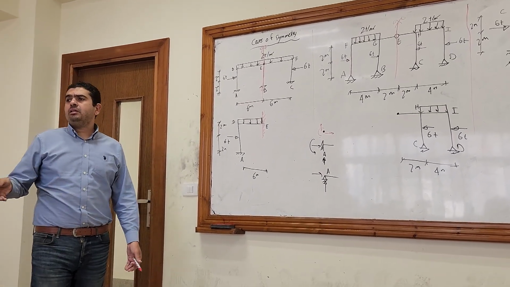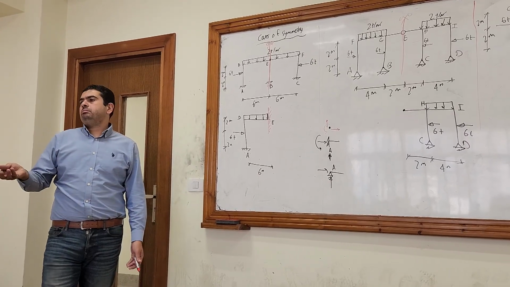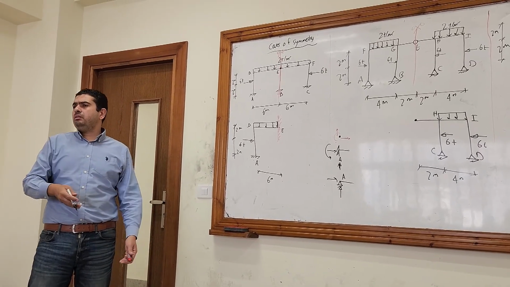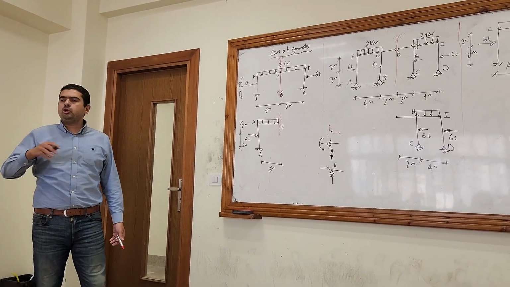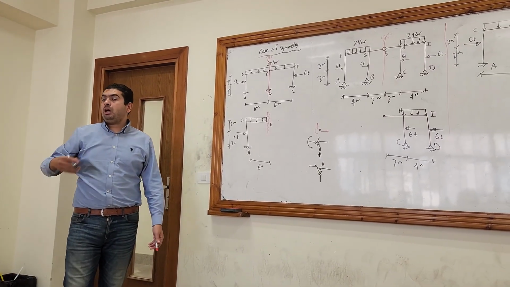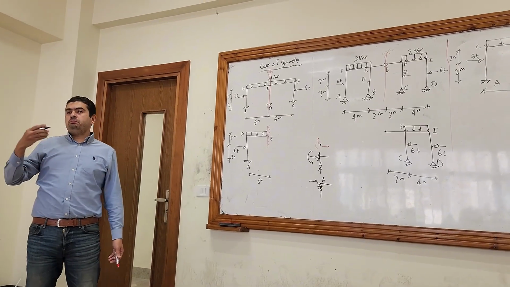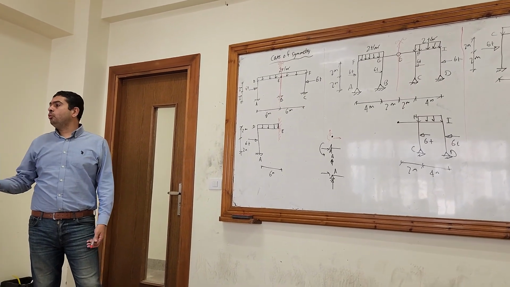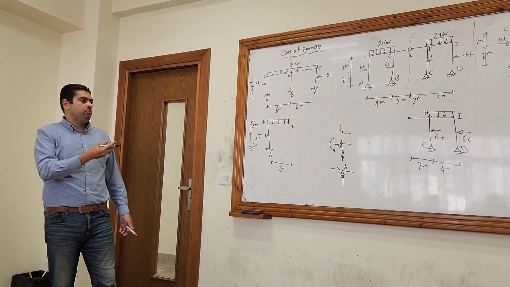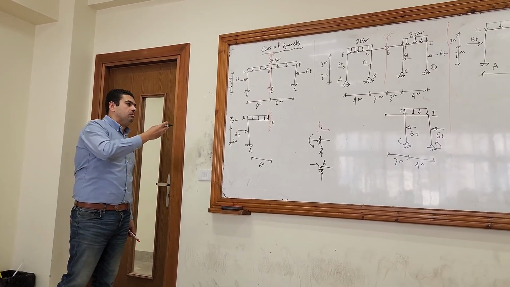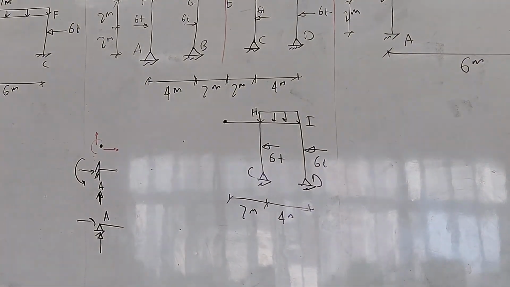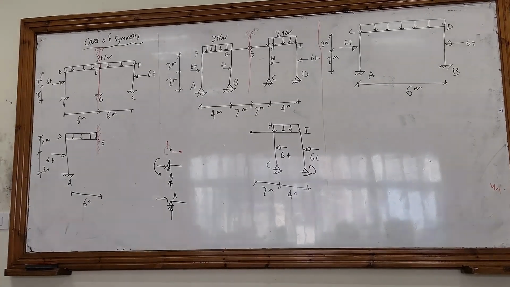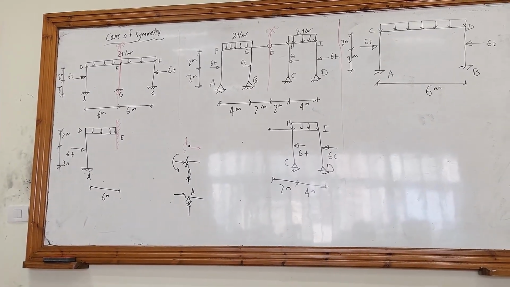At the end, you will recognize it once you see it in the exam. Line of symmetry above an internal hinge, so you know what you will put here. I'm just brainstorming with you about why I put such a support, or what the behavior of the point at point E will be.